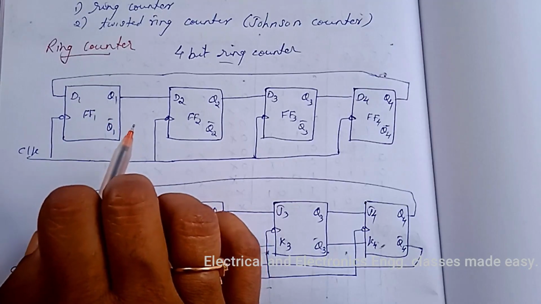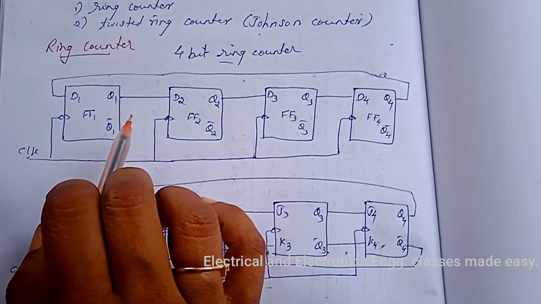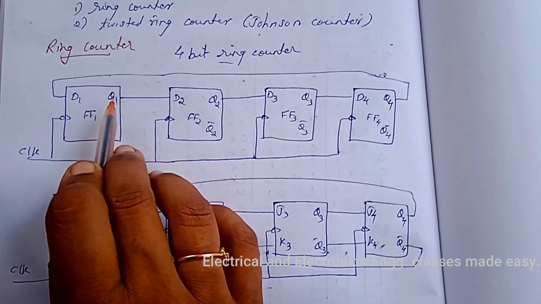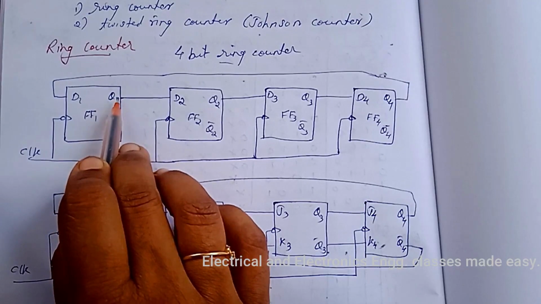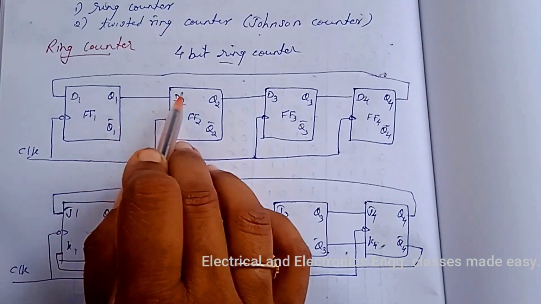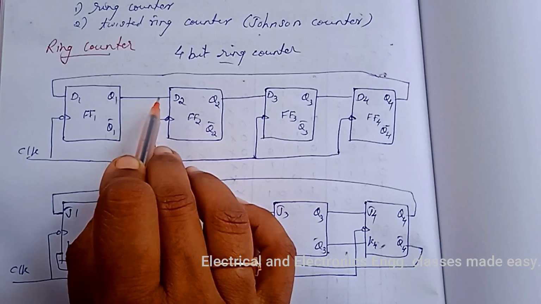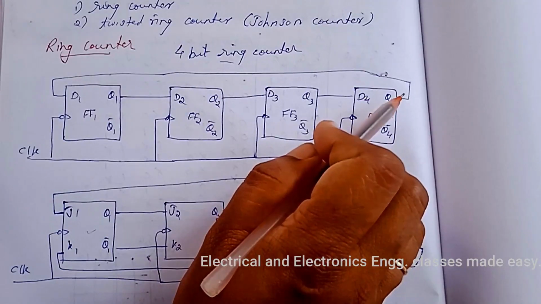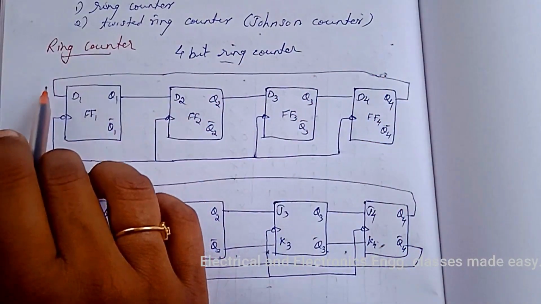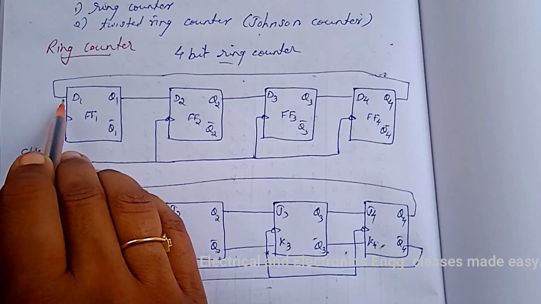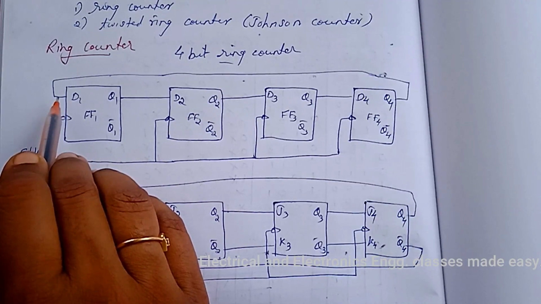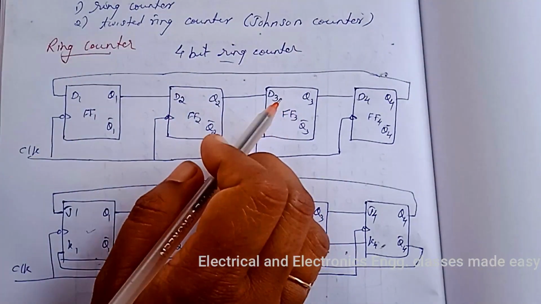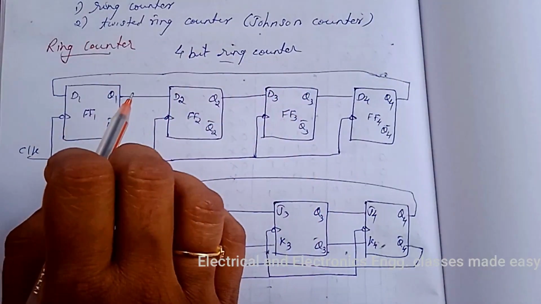The flip-flops are arranged as in a normal shift register. That is, the Q output of each stage is connected to the D input of the next stage. But the Q output of the last flip-flop is connected back to the D input of the first flip-flop, such that the array of flip-flops is arranged in a ring, and therefore the name ring counter.